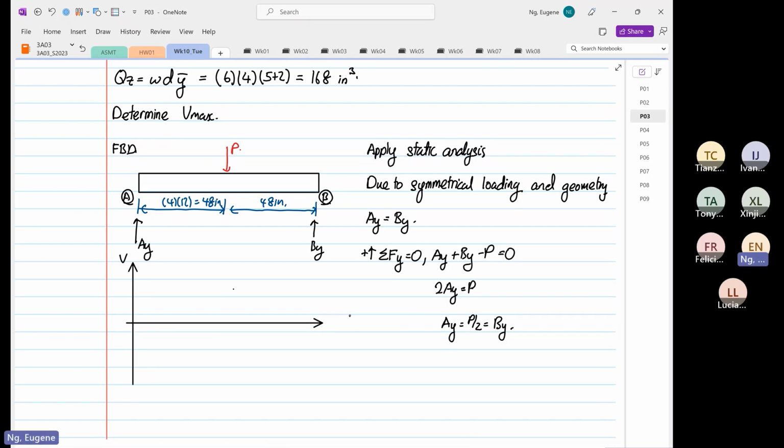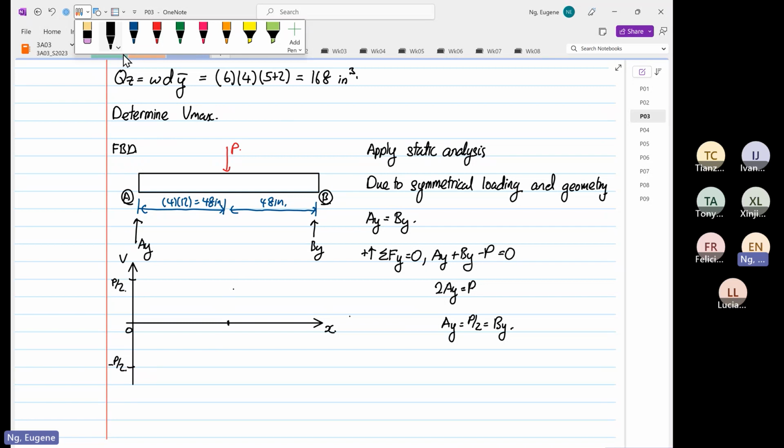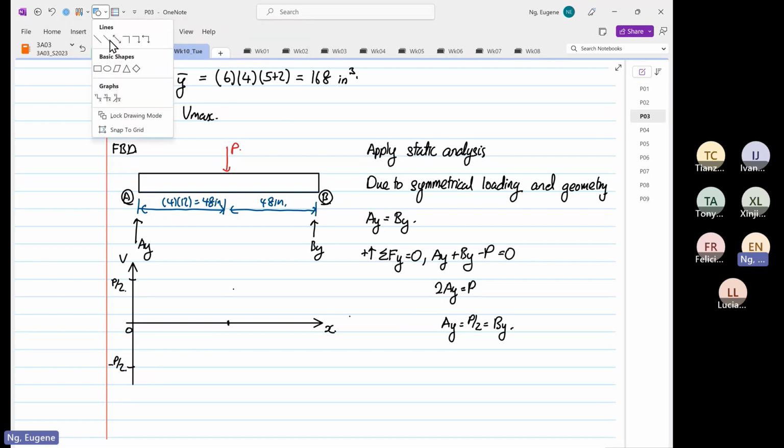And this is our 0. This is our x. So over here is P over 2, and down here is minus P over 2. And this is where the force is applied. It's at the center. So the shear force distribution looks like this.